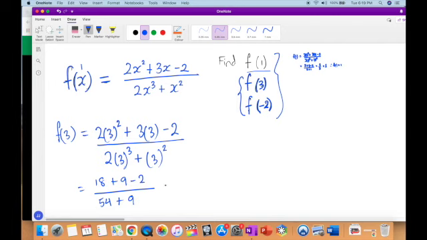Sorry, 18 plus 9 minus 2 is 25, all over 54 plus 9, 63, and I don't think that could reduce. Let me see, 25 over 63. Yep, that cannot reduce. That's the answer there for f of 3, right?